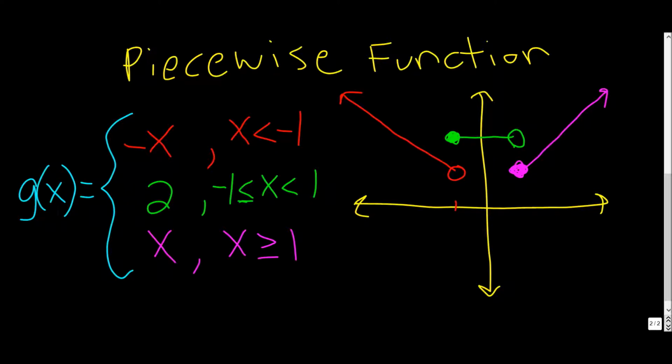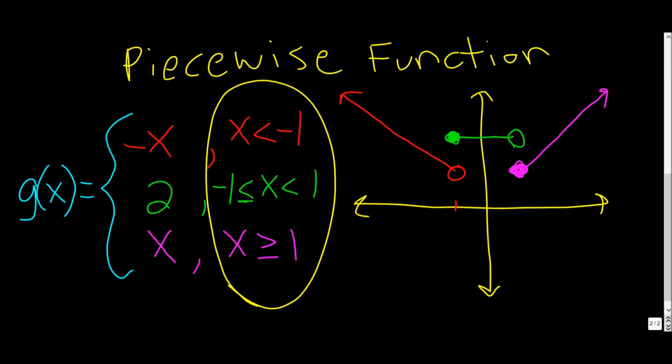Now we can look at this and try to determine all sorts of things, like what the range is, what the domain is, any kind of weird stuff happening, but this graph is very atypical because we've kind of pieced it together. So if we were to look at the domain of this, the main thing that you're going to look at is this side here. So what values is x not allowed to be? If there's anything in there that x is not allowed to be, then that would be removed from the domain.